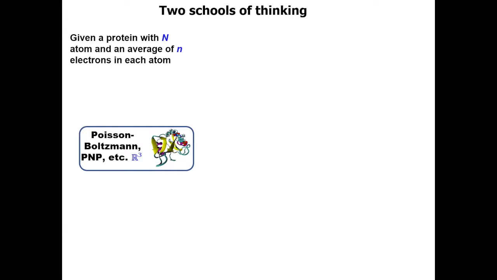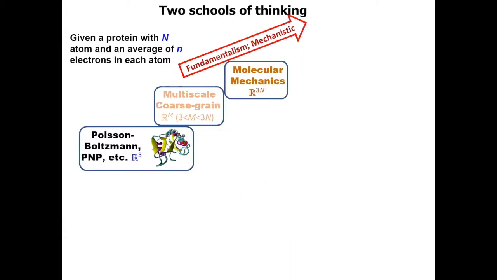What is the dimensionality if you use the Poisson-Boltzmann, PNP, those types of so-called implicit solvent methods? This is R to the 3, and this is the dimension you get into. But if you really want some coarse-grained method, you go to a higher dimension. If you go further to molecular mechanics, you are doing R to the 3n.